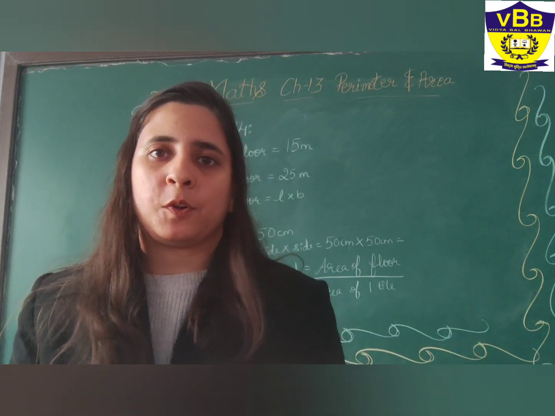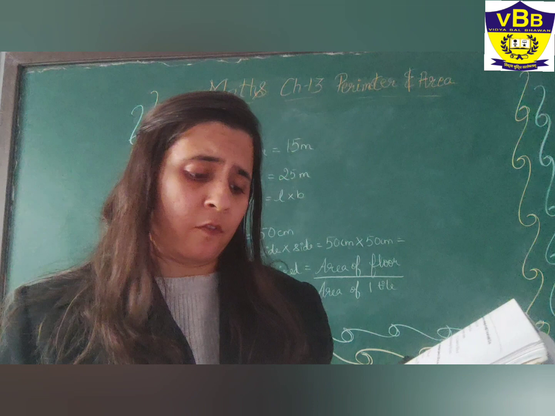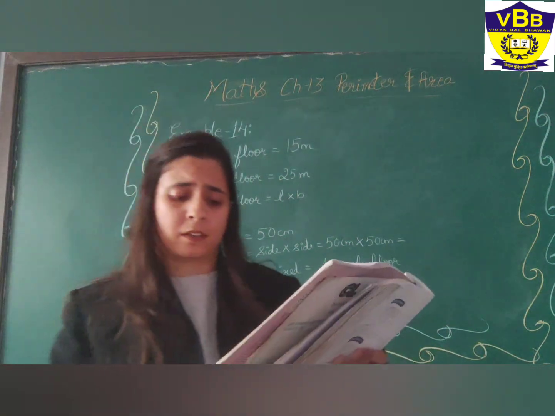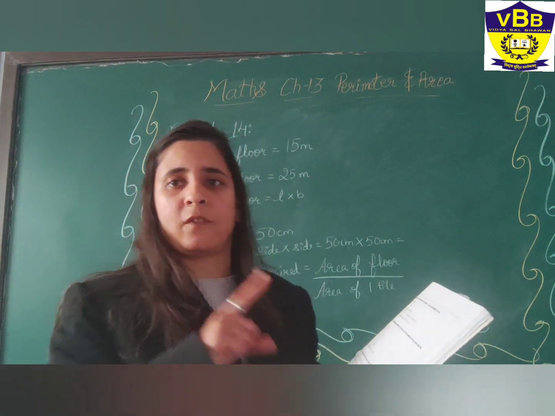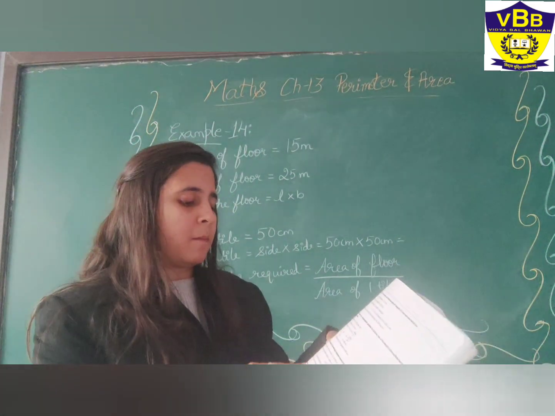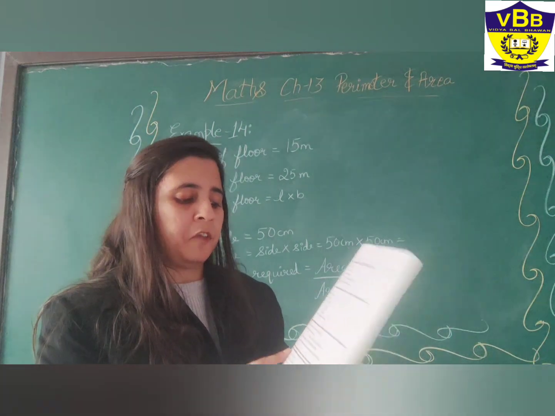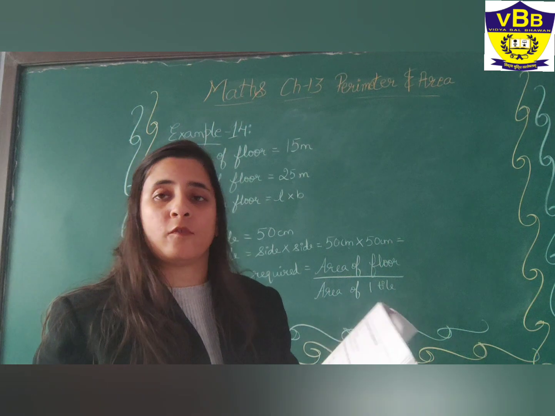Now example number 12 is saying that the length and breadth of the floor is 15 meter and 25 meter respectively. So the length is given and breadth is given to you of the floor. Find the number of tiles of the side 50 centimeter required to pave the floor of the room.